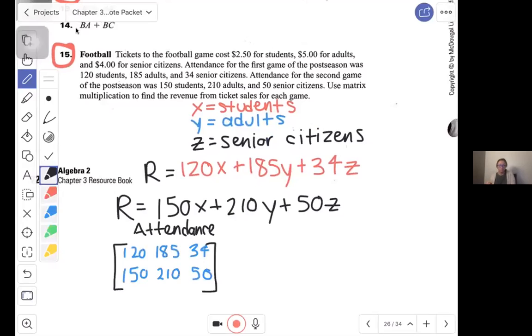Now, Jaden told us we are going to take that attendance and multiply it by X, which we said is the cost of each ticket. So our 120 and 150 represented X, Y, or Z. Ella, did the 120 and 150 represent students, adults, or senior citizens?